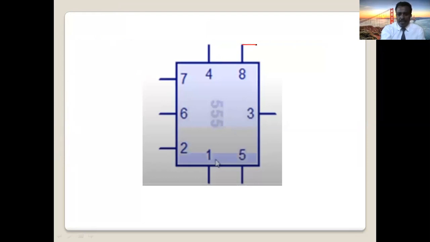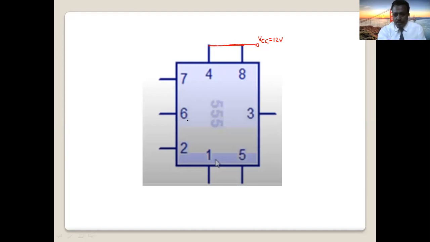So I connect my VCC battery here. You remember pin number 8 is the power supply. So let's say we apply a 12-volt battery here, right? Pin number 4 is reset. If you are not using pin number 4, we connect it to VCC also. So pin number 4 and pin number 8, VCC.